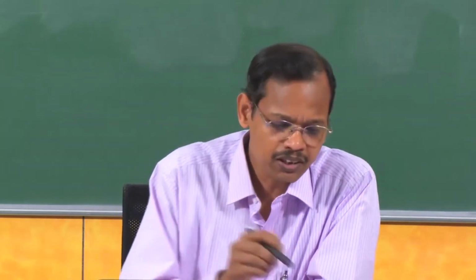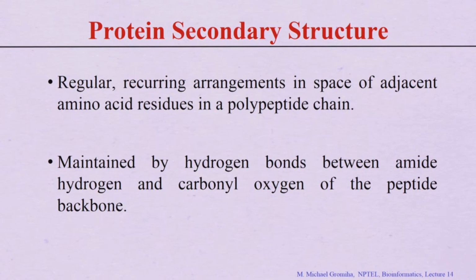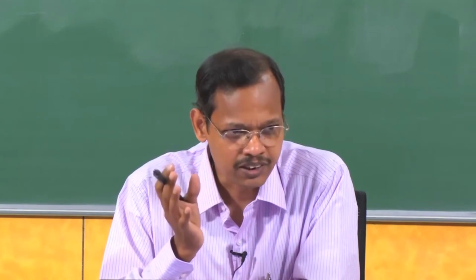These arrangements are maintained mainly by hydrogen bonds between specific atoms. In the regular secondary structures, the hydrogen bonds form between the amide hydrogen, NH, and the carbonyl oxygen, CO, of the peptide backbone. So, secondary structures are mainly formed by the residues in the main chain, not in the side chain.